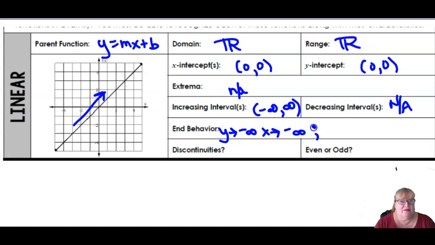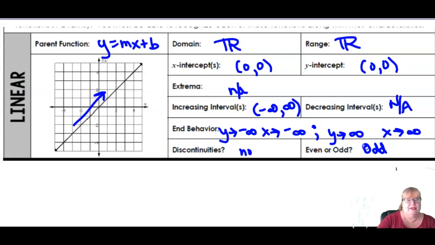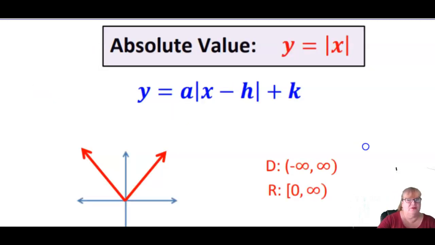On the other end, as x gets more and more positive off to the right, the function is getting higher and higher, or going up. It has no discontinuities, and it would be odd in its current form, right? If it went through the origin like that, we could rotate it 180 degrees. All right, so that's just a linear function. You guys are good with that one.